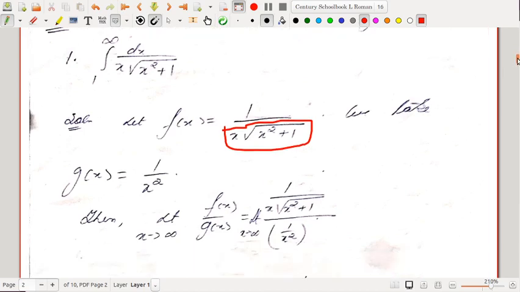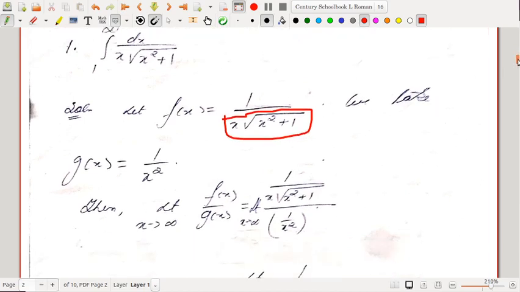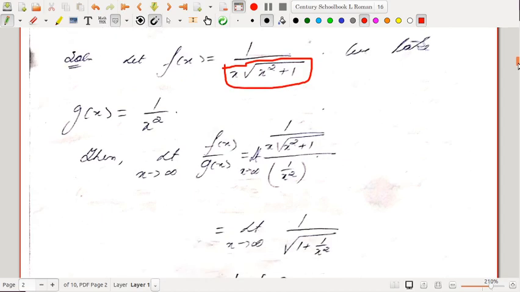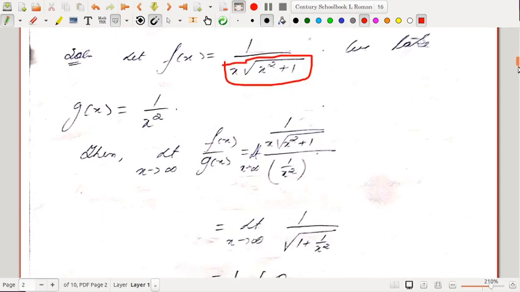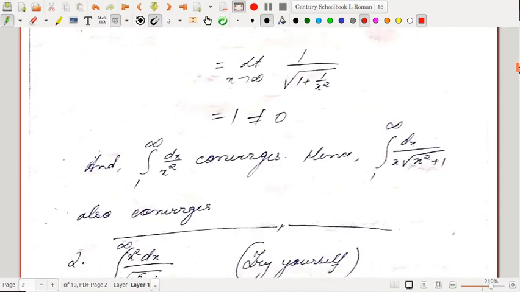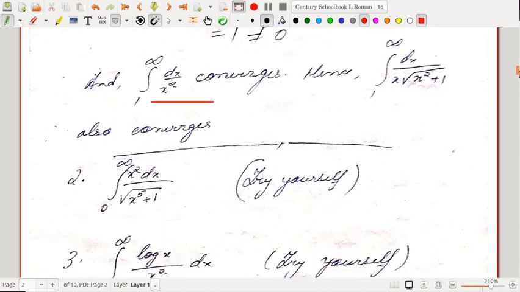Then we take the limit as x tends to infinity of f(x) by g(x), and if you simplify, it comes out to be 1, which is non-zero. So the integral from 1 to infinity of dx by x square and the integral from 1 to infinity of dx by x root over x square plus 1 converge or diverge together. But this one converges because the power of x here is 2, which is greater than 1. So the given integral is convergent.